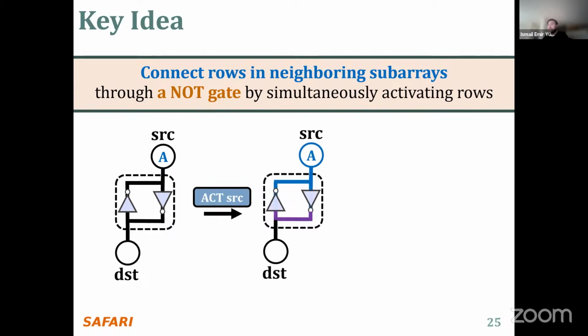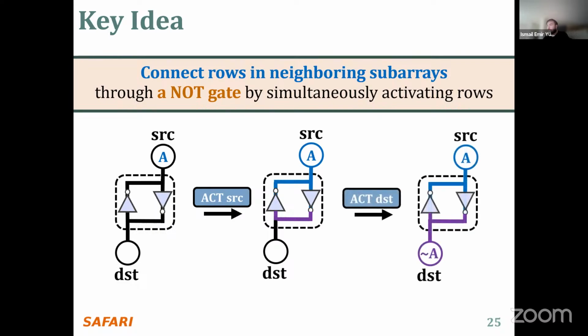Assume we issue activate to the source, which will drive its value to the bitline, and the negated value, highlighted as purple, is in the bitline bar. If we activate the destination without precharging those bitlines, what we will have is the negated value of the source in the destination cell, because bitline bar has the negated value of the source.